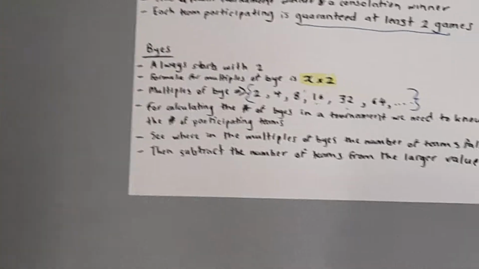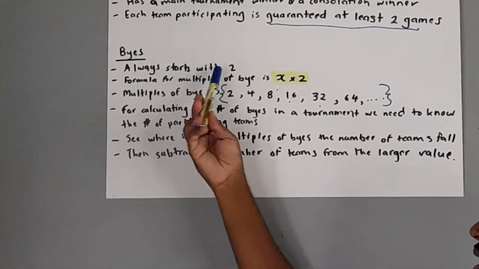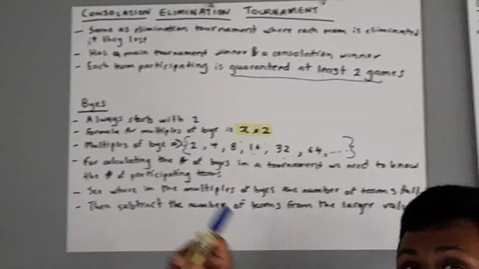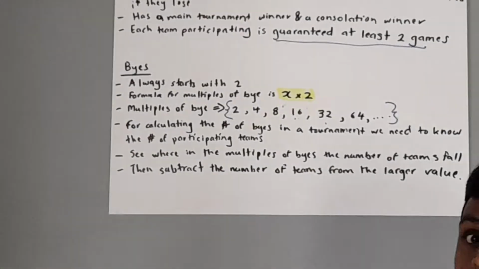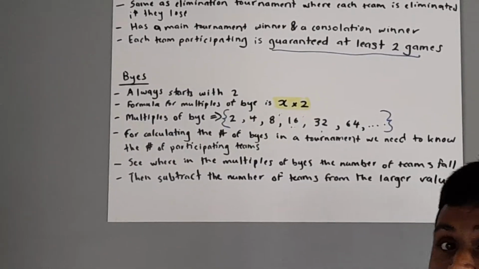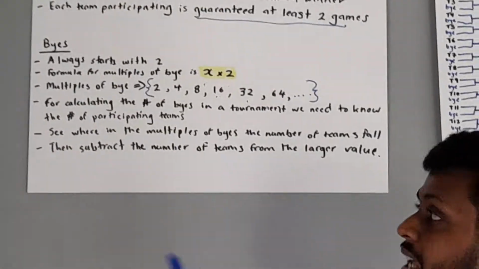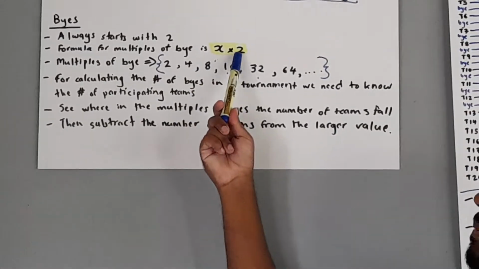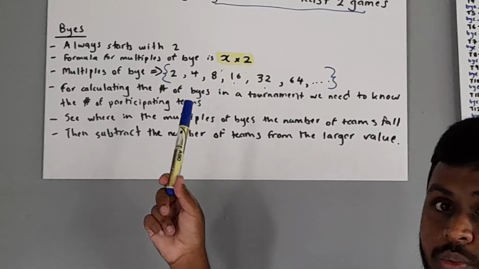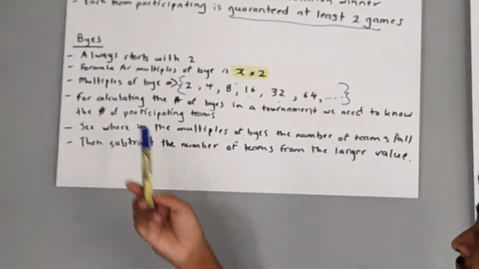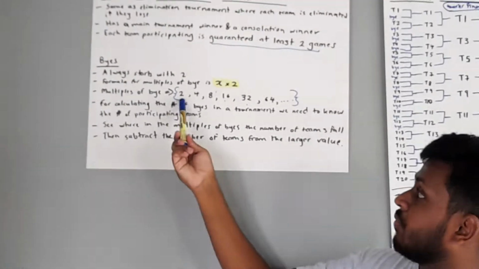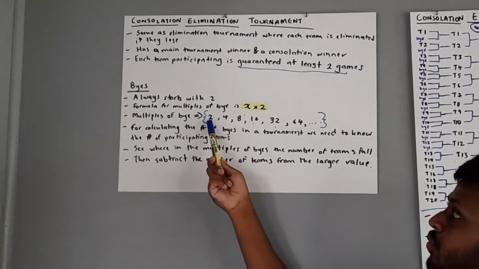A multiple of bye always starts with 2. The formula for calculating the multiples of bye, not the number of byes, is x multiplied by 2. Since the multiples start with 2, 2 is the first number.